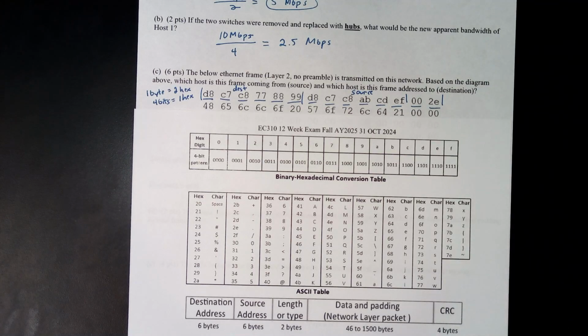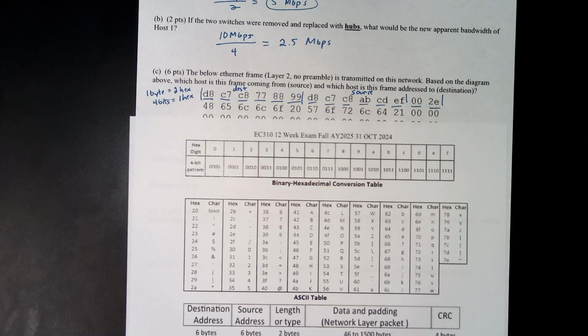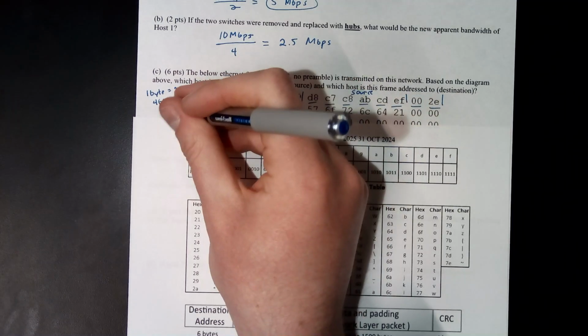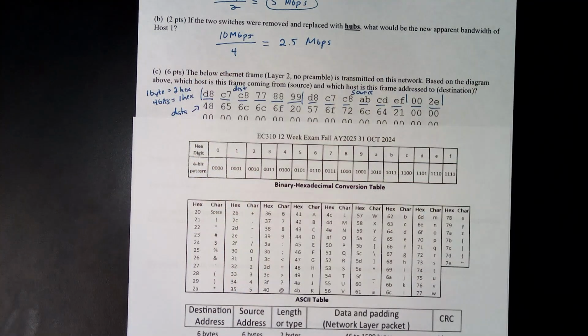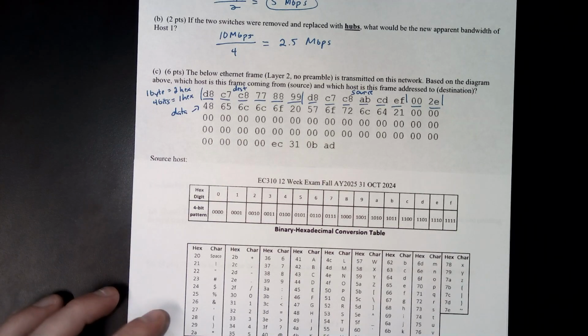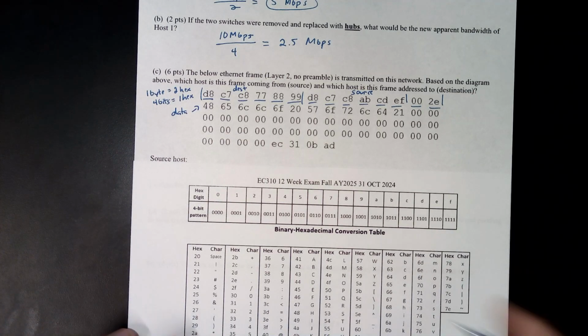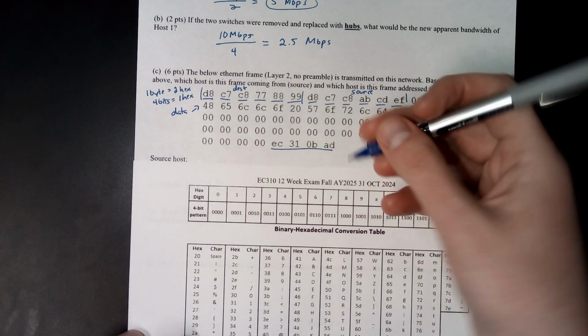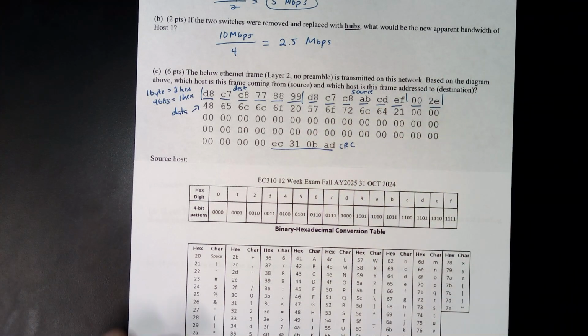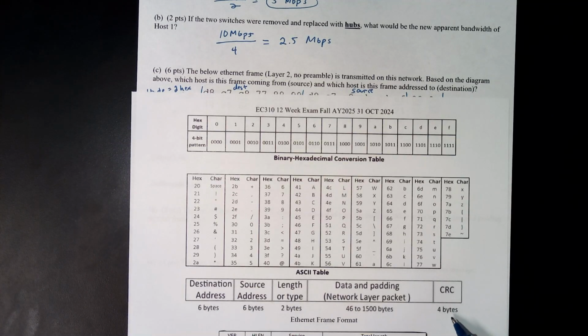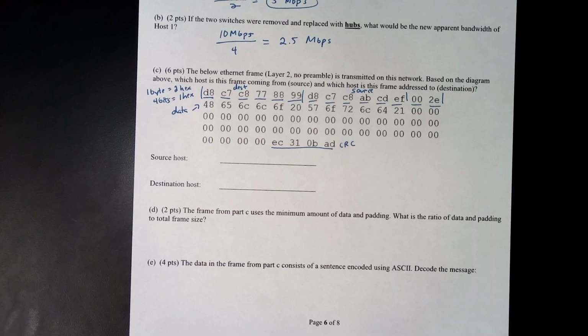And then after that, we have our data and padding. So our data starts there. And then at the end we've got our CRC from the format here, those last 4 bytes. So that's all we need that part for, just to know what exactly is there.